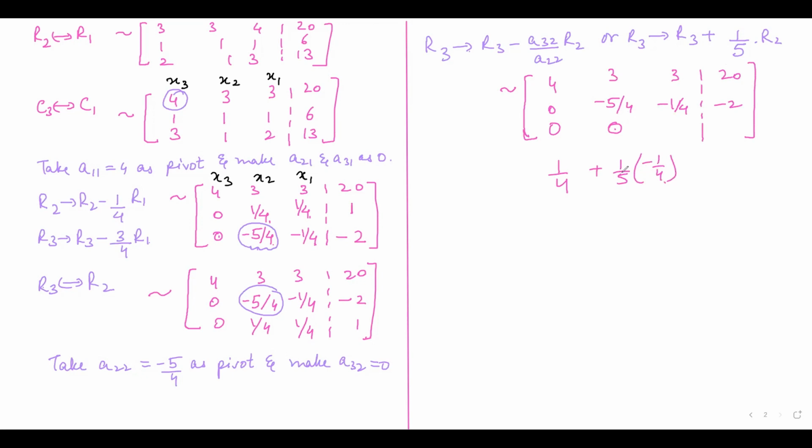So as we could see, this becomes 5 minus 1 upon 20. So what I'm getting in the last would be 4 upon 20. So that's 1 upon 5. And for this particular one, this is 1 plus 1 upon 5 minus 2. So that's 5 minus 2, that is 3 upon 5.